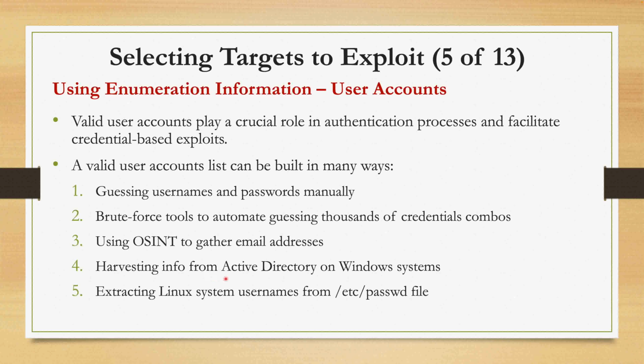Harvesting information from Active Directory on Windows systems is also another important method. And finally, extracting Linux system users from this file right here. This file contains user account information, which is something we'll always look for.